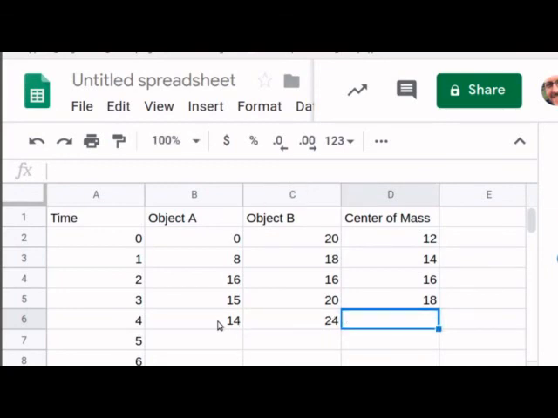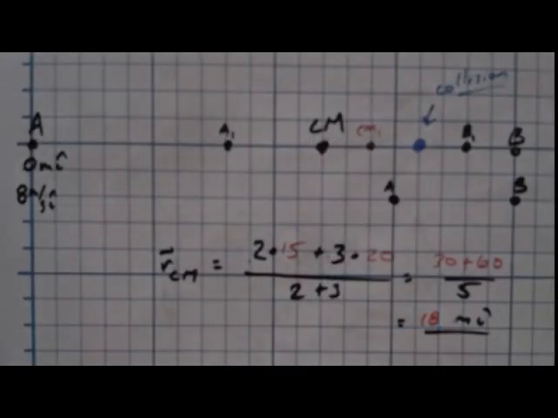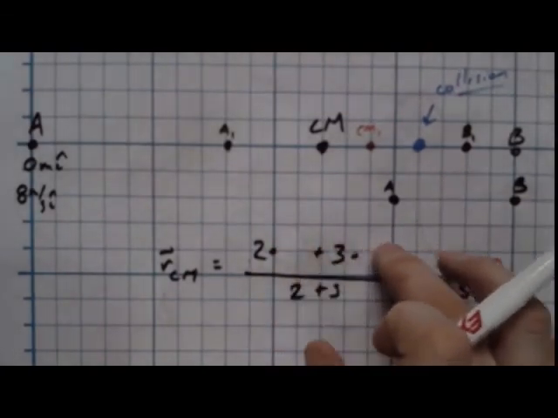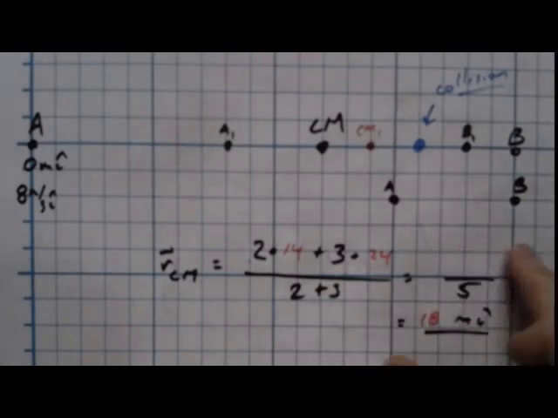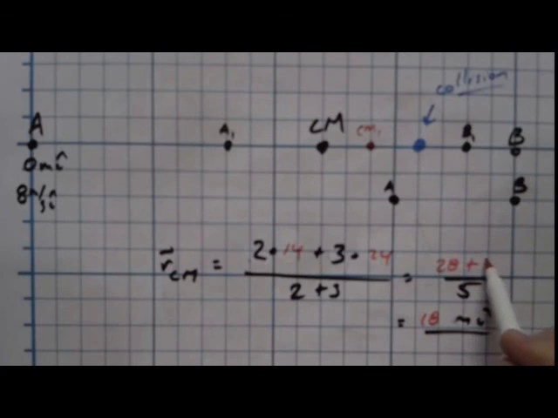And the center of mass is going to do what? 14, 24. Let's go back over to the whiteboard. Change this to 14 and 24. And I get 28 plus 72. That's 100. 100 divided by 5 is 20. Perfect. It's gone forward by 2 again.